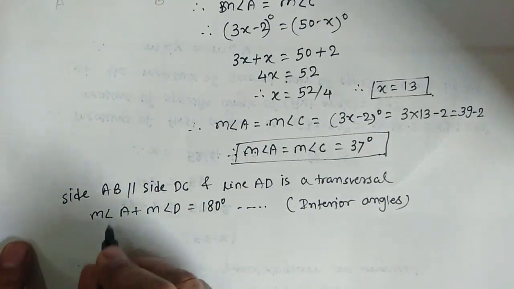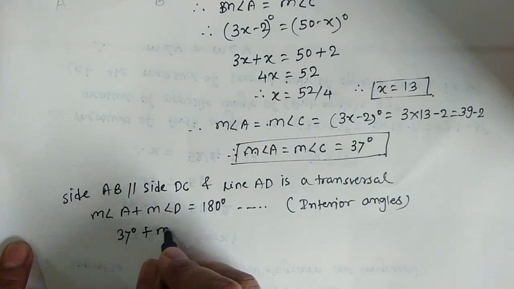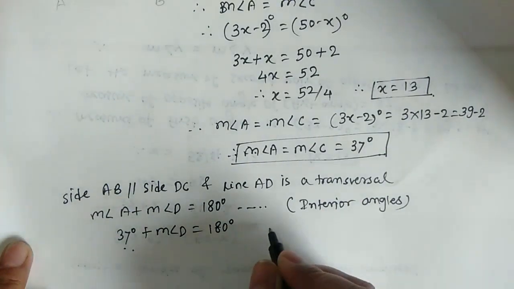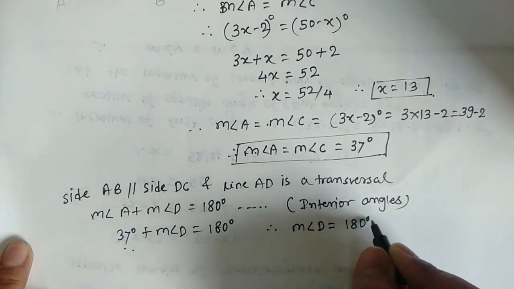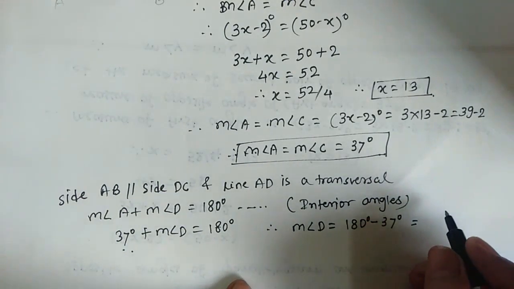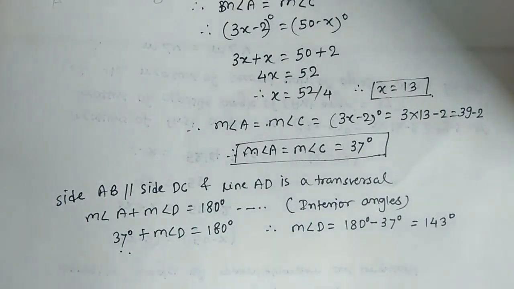So therefore, put the value of angle A. So 37 degree plus measurement of angle D is equal to 180 degree. Therefore, measurement of angle D is equal to 180 degree minus 37 degree. So it is 143 degree.